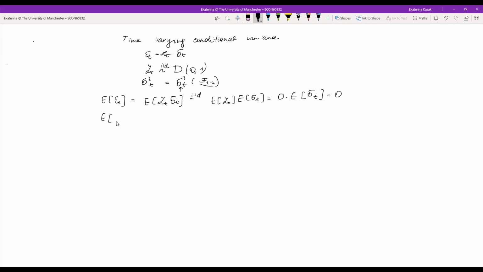Quite different is the concept of a conditional expectation. So we can also consider the expected value of epsilon t given the particular realization, given the particular filtration F_{t-1}. So given that you have observed some return process up until period t-1, what do you expect epsilon t to be in the next period? And again, we write down the definition of epsilon t. F_{t-1} here denotes the information set available at time period t-1.